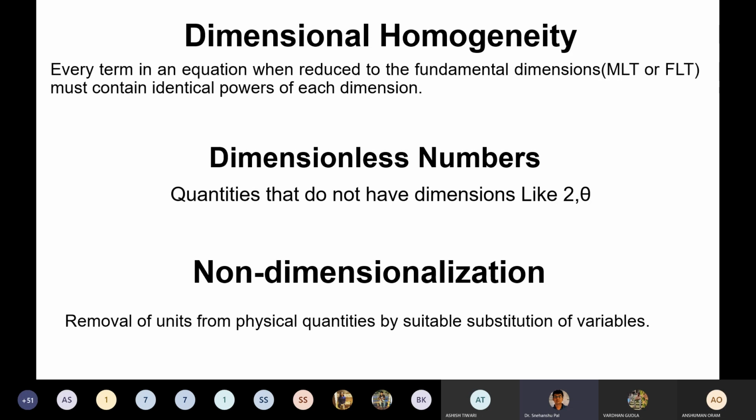Only when you get no dimension overall, after getting the ratios of numerator and denominator, can you non-dimensionalize the thing. So in this way, units can be removed by suitable substitution of different variables.